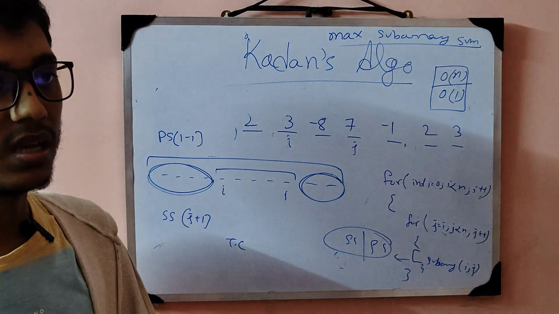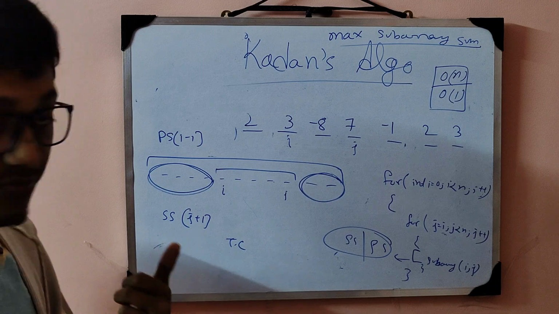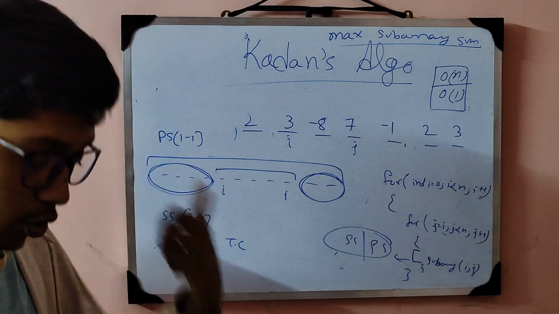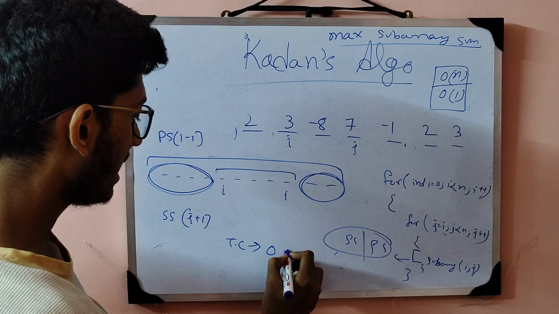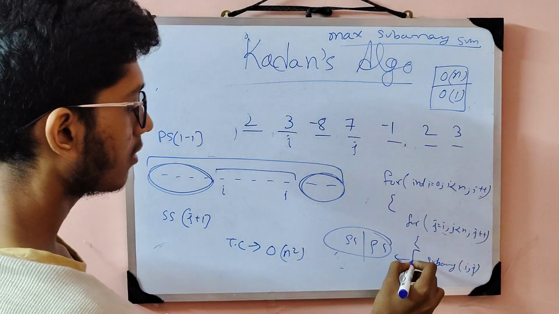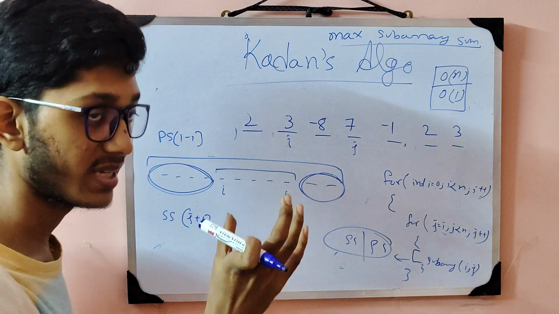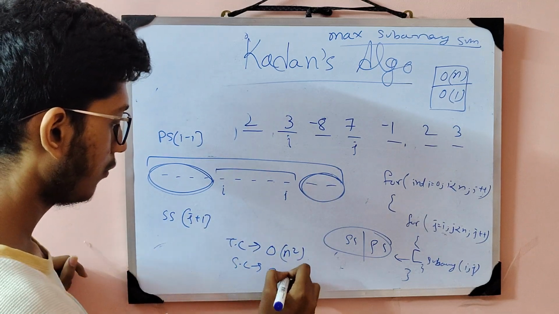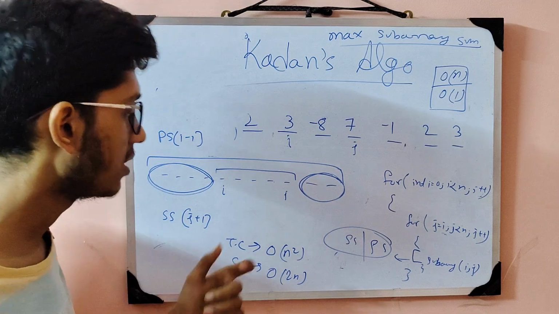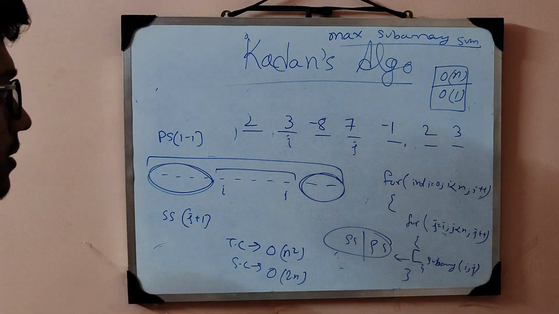Computers are coming with 1 TB, 2 TB, but time is very costly. So instead of time complexity of big O of n square, we are not traversing the whole array again to get the subarray sum, and my space complexity is big O of 2n. Why 2n? Because we are using a suffix sum array and a prefix sum array, right?